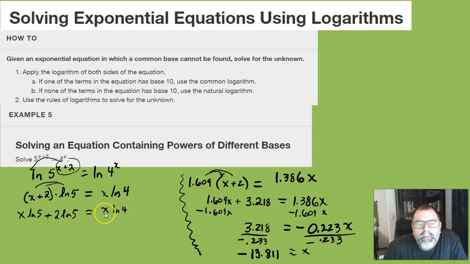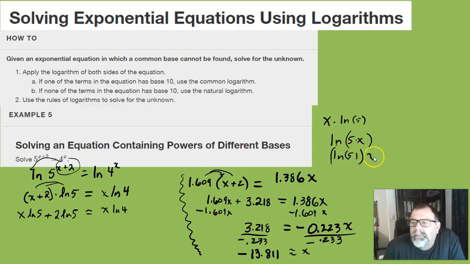Typically we write the number, like a whole number or the variable, in front of the ln. That way you don't get confused, like if it's x times ln of 5, right? If I didn't use the parentheses and I put the x on the back, am I saying 5 times x and then the ln, or am I saying ln of 5 times x?